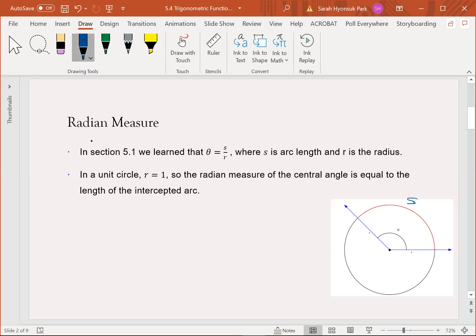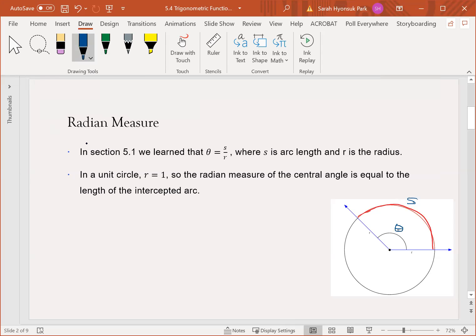I guess if I were to trace that, it's this length. I'm not tracing it very well, am I? It's this length right here. It depends on your angle in radians.